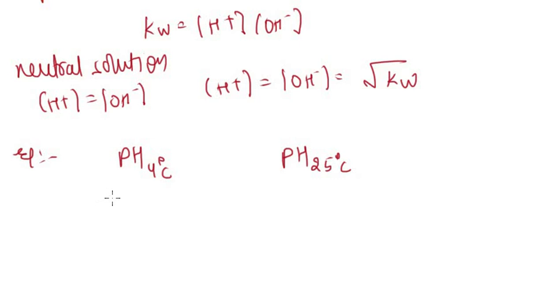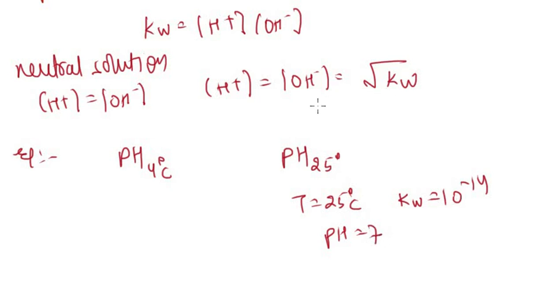We know the Kw at 25 degrees centigrade. When the temperature is 25, Kw is 10 to the power minus 14. Then pH will be 7, because H plus will be the square root of Kw.